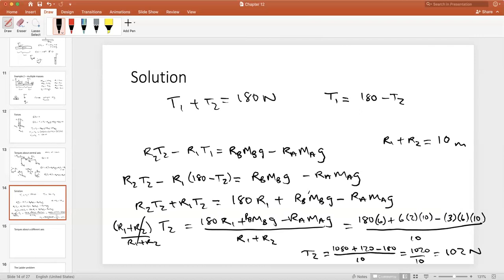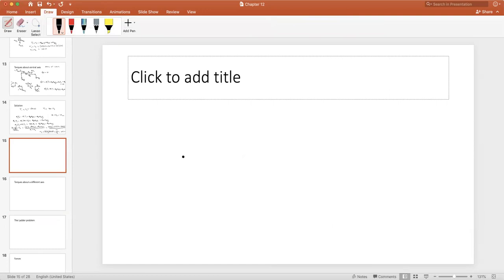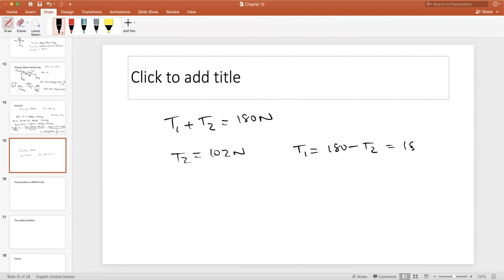Okay. Now, if we go back and we remember that we had that T1 plus T2 was 180 newtons, and we just found that T2 was 102 newtons. Therefore, T1 is 180 minus T2, which is 180 minus 102. So T1 is 78 newtons, and that is our answer.